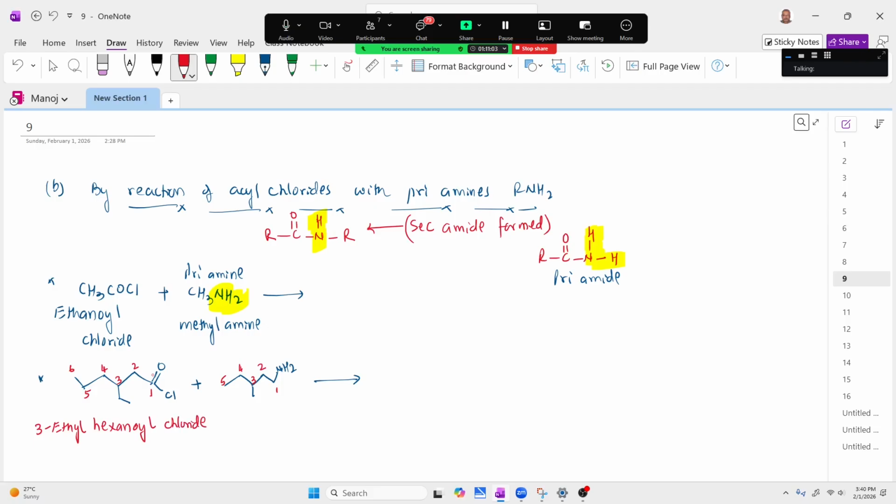And this is 1-amino 3-methyl pentane. Everyone is okay with the name? 1-amino 3-methyl pentane. Let me know when you're done. Don't forget, you need to swing this the other way around.